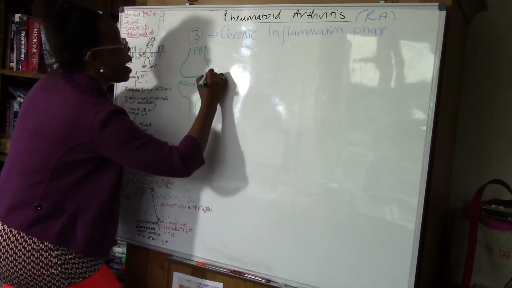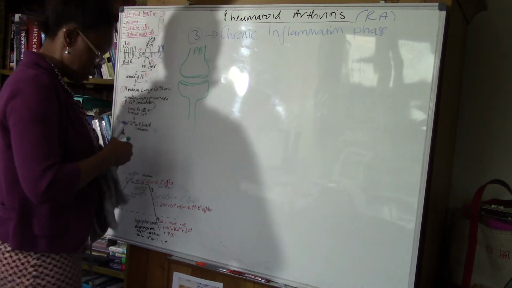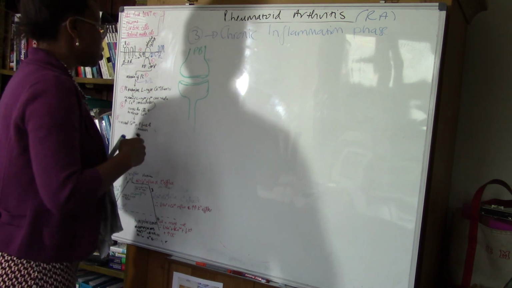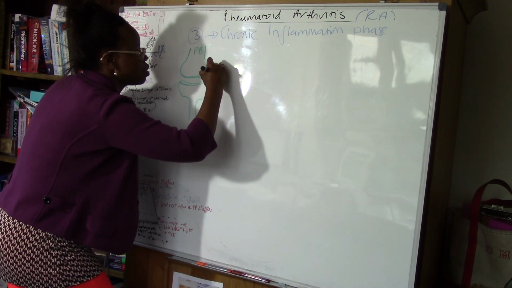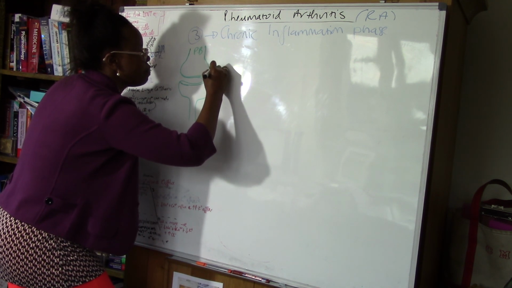They will have a synovial membrane, which should be drawn in a different color since it's the site of pathology. So they will have a synovial membrane there.